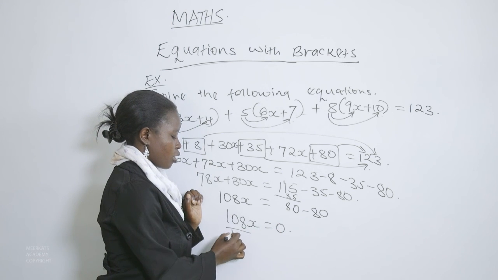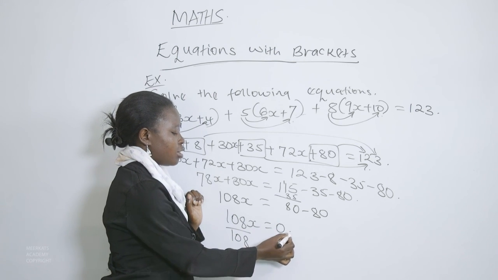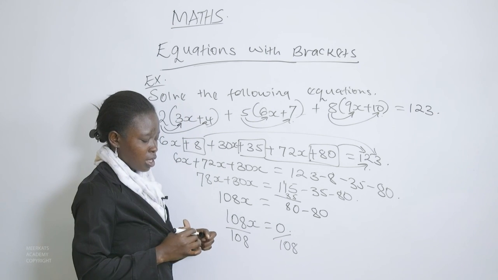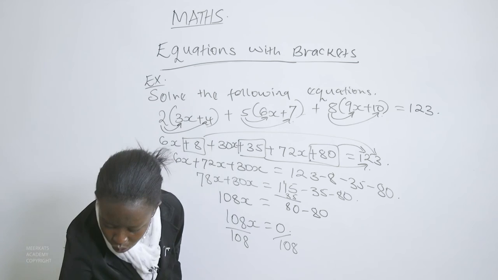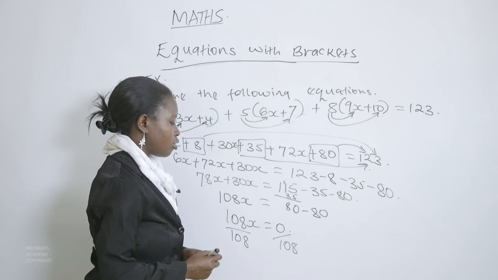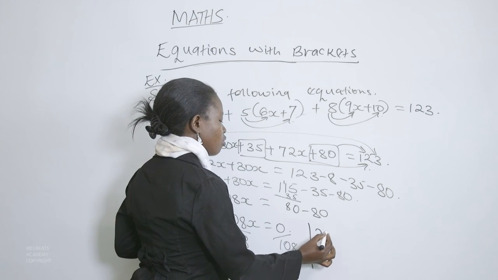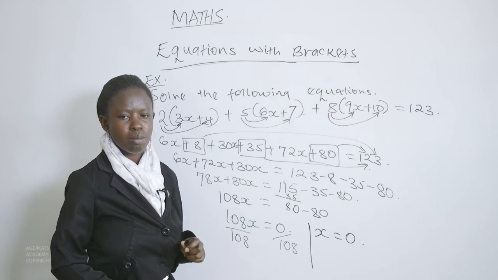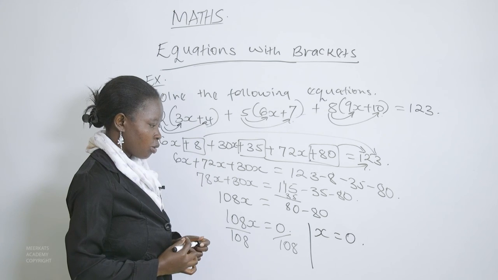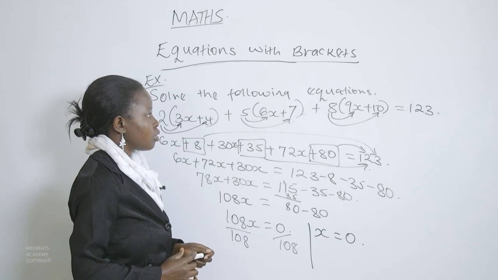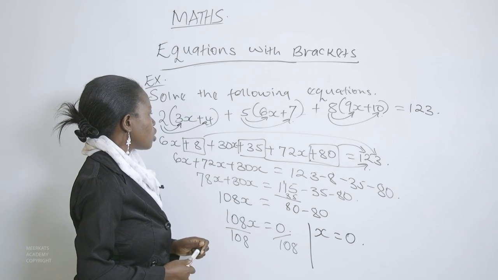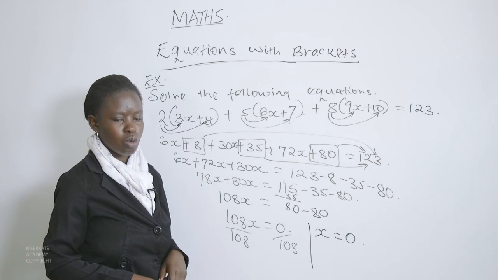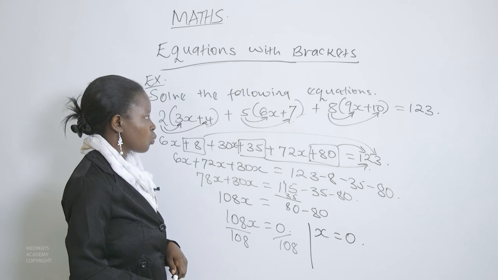So the value of x will be obtained by dividing by 108. Divide by 108 on both sides, and when we divide by 108 on both sides, then our value for x is 0. 0 divided by any number is simply 0. So the value of x in this given equation is 0 for our equation to be true.